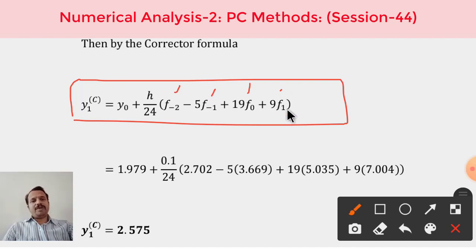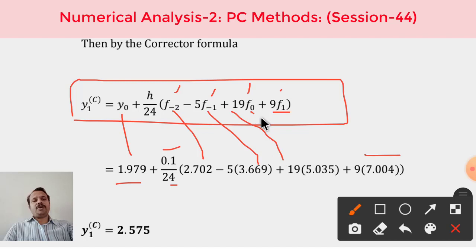We have to evaluate this by using the predictor formula, and we can now substitute it over here. All other things are the same. Y naught value is 1.979, h is 0.1 divided by 24 as it is, f minus 2 is 2.702, 5 as it is with minus sign, f minus 1 is 3.669, plus 19 as it is, f naught value is 5.035, plus 9 as it is.